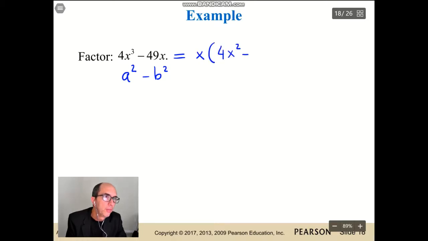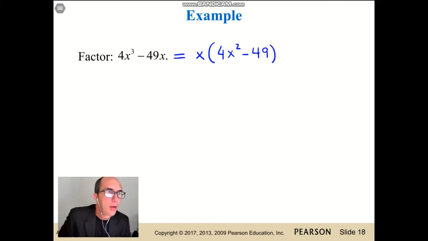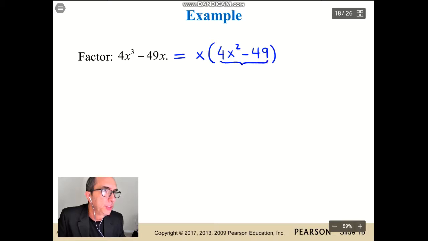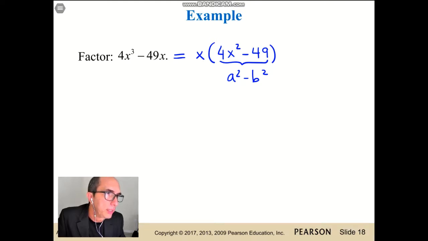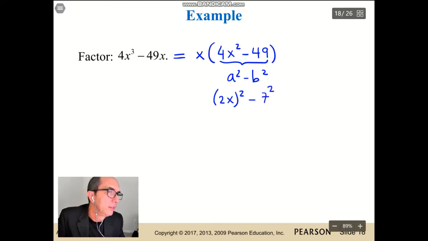(4x squared minus 49). Now we can compare what's inside the parentheses with a squared minus b squared. Actually, we can rewrite only what's inside the parentheses as (2x) squared minus 7 squared. That means we can factor it as (2x minus 7) multiplied by (2x plus 7).